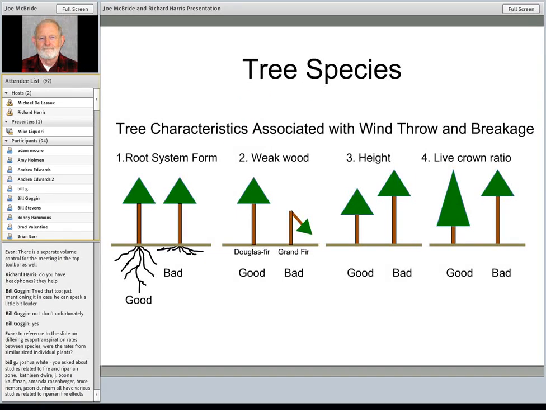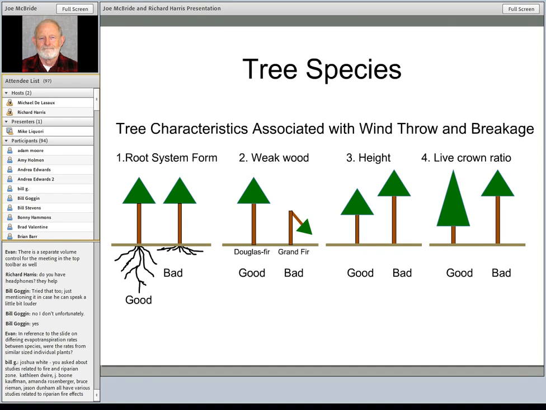The next slide is to sort of characterize some variations in tree species in terms of their propensity for wind throw and breakage. Where we have platform roots, as would be the case in something like Sitka spruce, we have species that are quite prone to wind throw compared to heart or taproot forms of root systems.